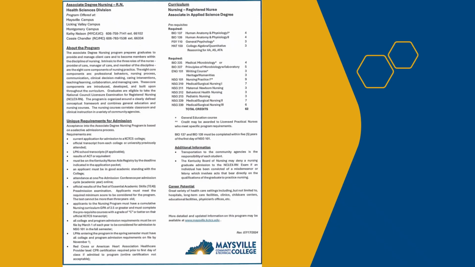You can take that test 2 times in an admission cycle, and the test can be no older than 3 years for an admission cycle. You also have to have a GPA of 2.5 or higher to be considered for the program, and you must submit your packet, your application, no later than March 1st of each year to be considered for the following fall semester. And that basically is, if you submit it late, you will not be considered in the first round of applicants.